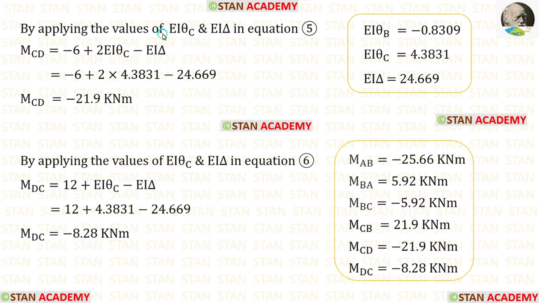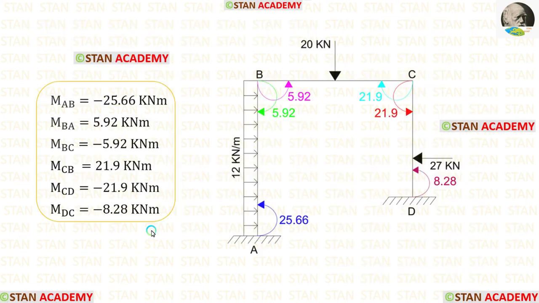When we apply the values of EI theta C and EI delta in equation number 5, we are getting MCD. And finally, when we apply the values of EI theta C and EI delta in equation number 6, we are getting MDC. In this analysis, we have calculated all of the moments.